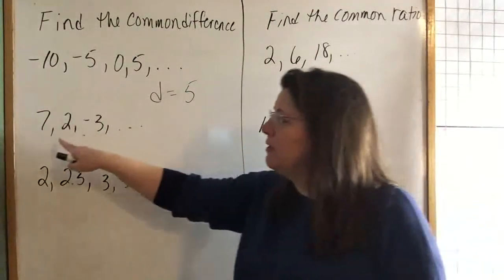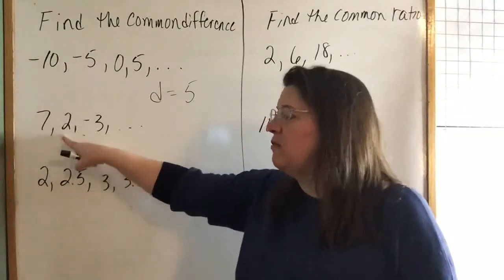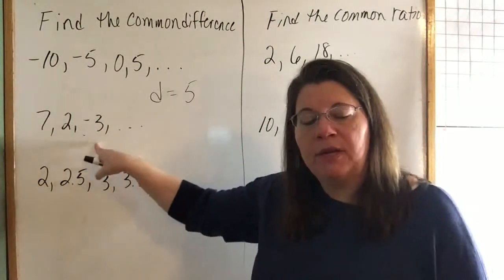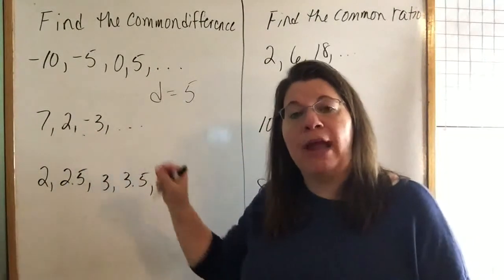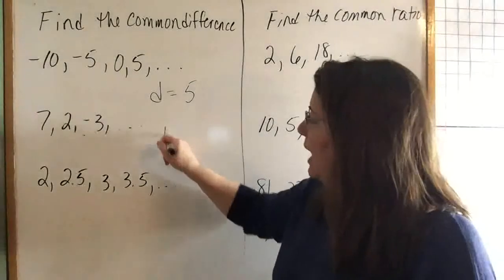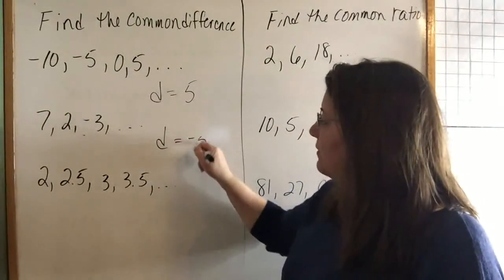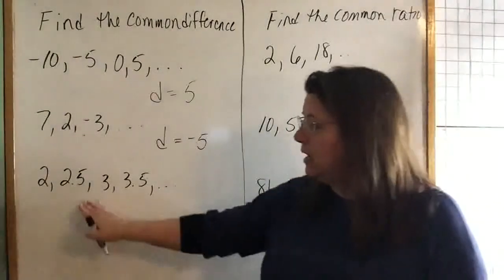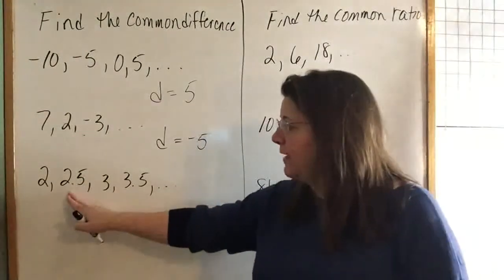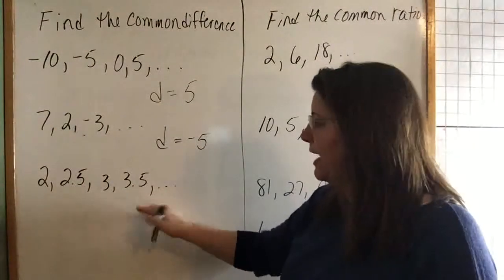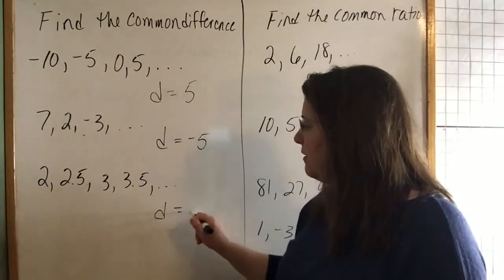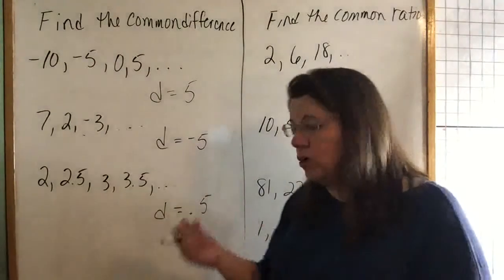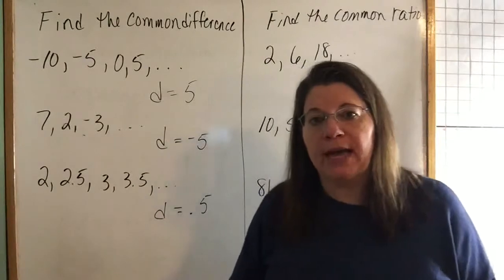Our common difference, well, in this case, these are going down by 5 each time. So if they're going down by 5, we're adding a negative. In this case, we're adding a negative 5. Here we've got 2, 2.5, 3, 3.5. Our common difference is 0.5, or you could say 1/2. Either way would be fine.